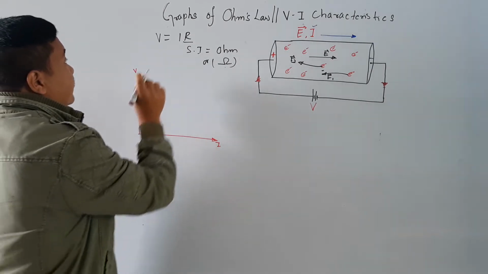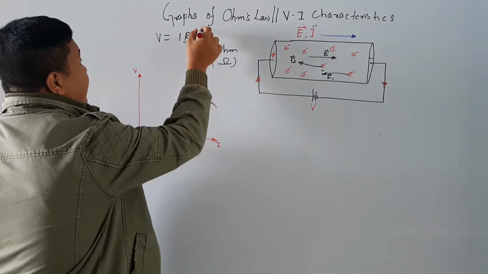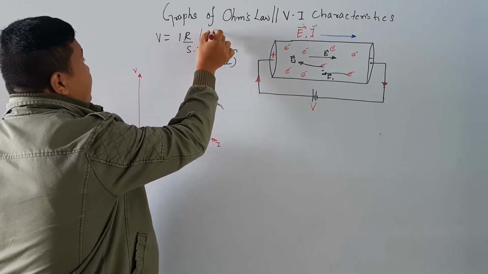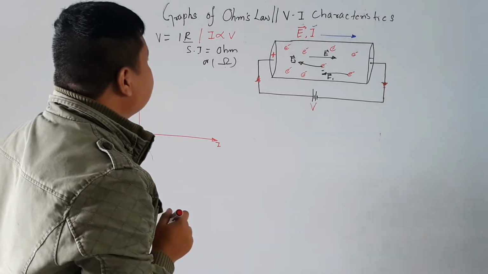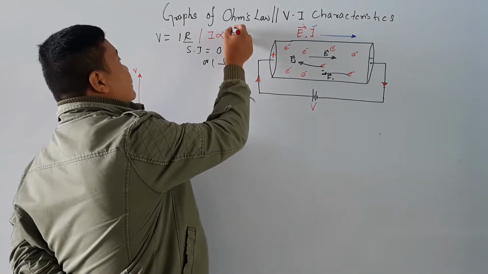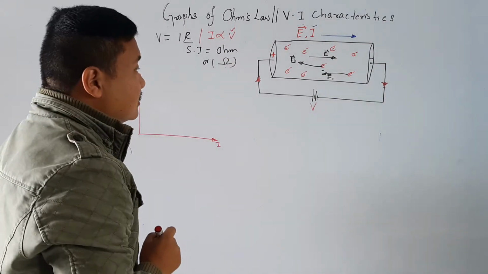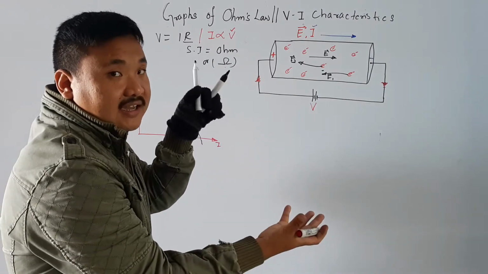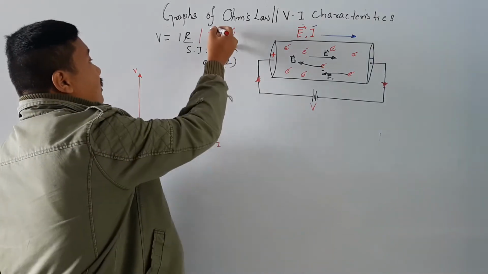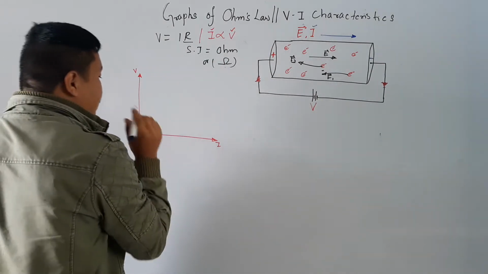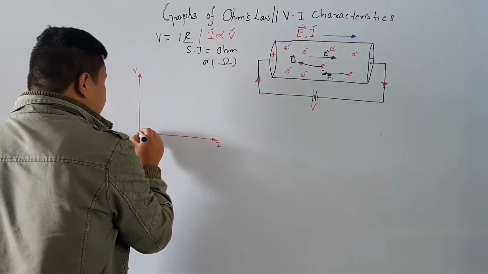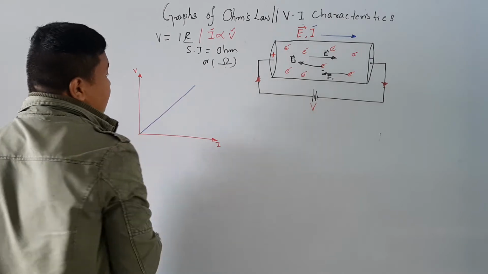I know that V is equal to IR, that is, I is proportional to V, isn't it? So if there is an increase in the potential difference, like butter and the water, there will also be an increase in the current. So for Ohm's law, I will get a straight line like this.